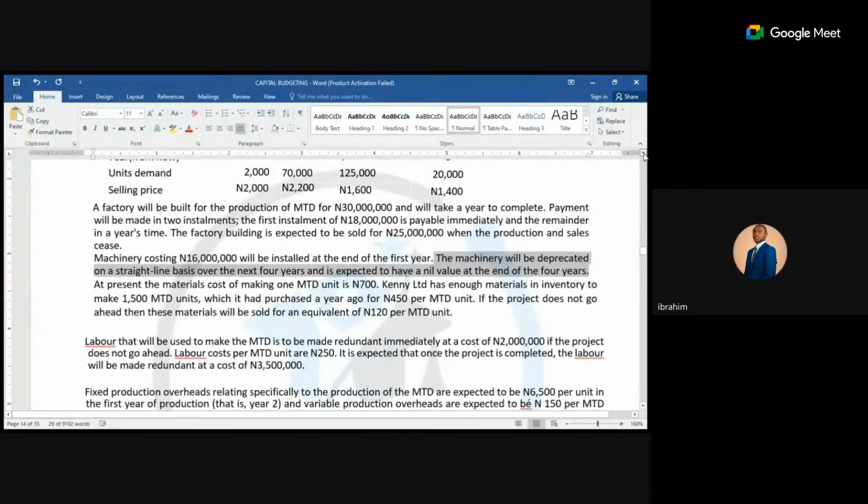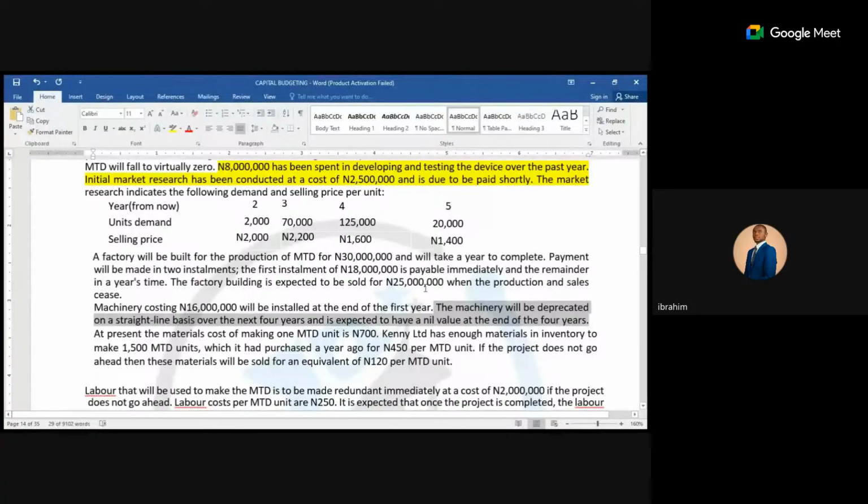Of course, material cost is relevant. Material, because that is what they will use in the production. Kenny Limited has enough material in inventory to make 1,500 MTD units, meaning that Kenny has this material of 1,500.